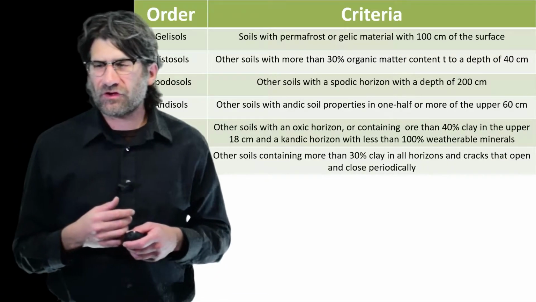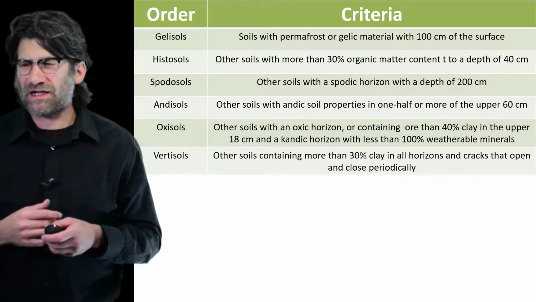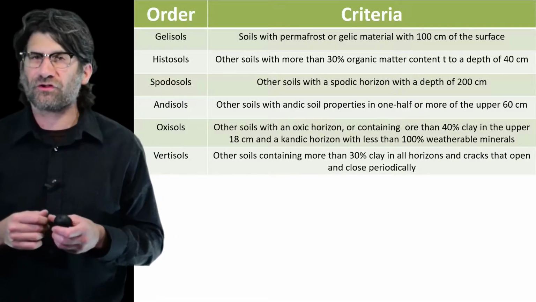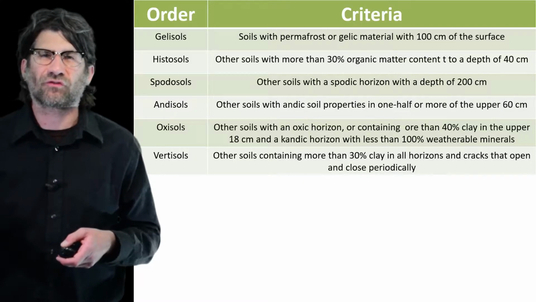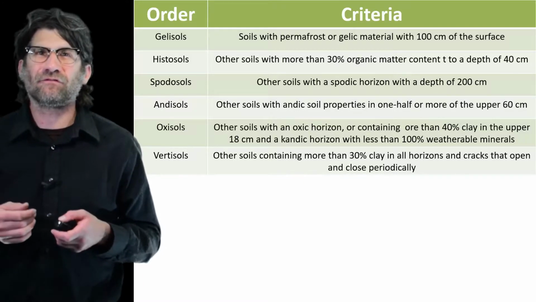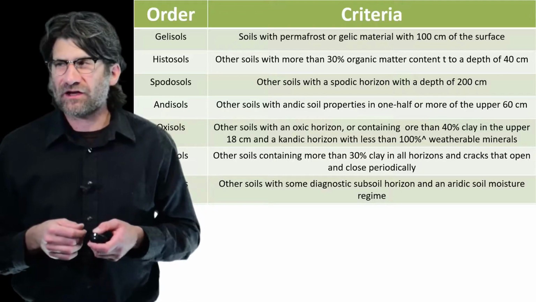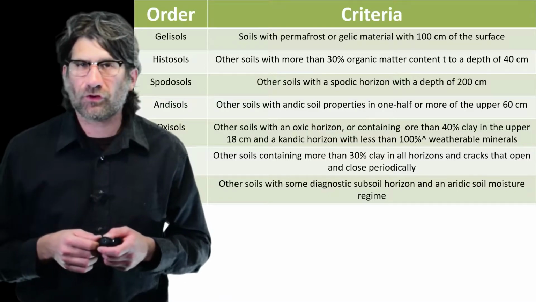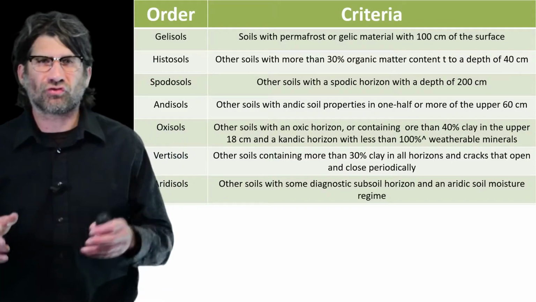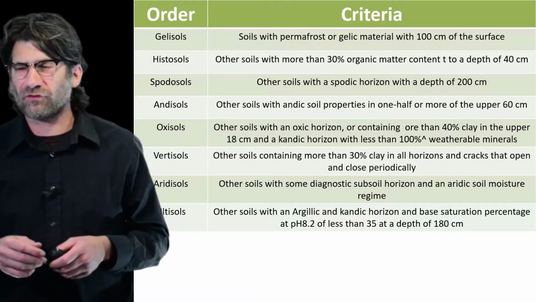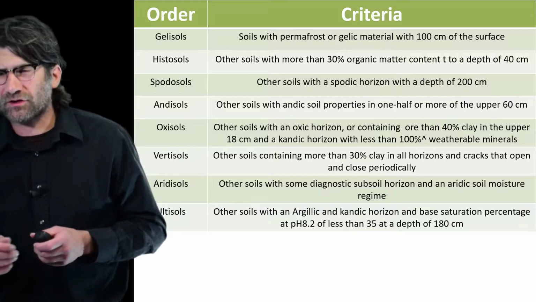From oxisols, we'll have our vertisols. Vertisols are soils with lots and lots of clay in them, so we're going to have lots and lots of shrink swell type of features in vertisols. Moving down from vertisols are aridisols. Aridisols are dryland soils, so we've already talked a little bit about those. Below that are going to be ultisols.